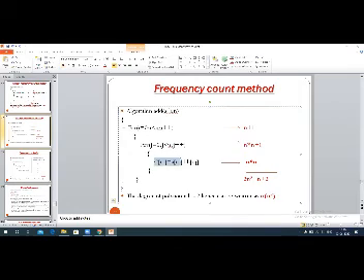Now see here, C of ij equals A of ij plus B of ij. This is addition of matrices. All right. So how many times is this statement going to be executed? This will be executed n times for this loop, as well as n times for the outer loop also, right?